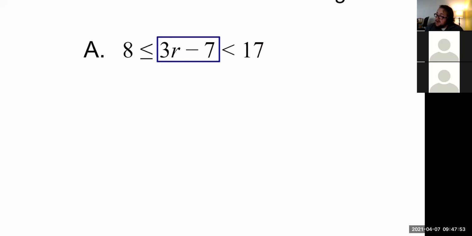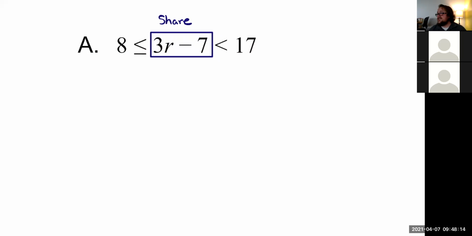And that 3r minus 7 is what we want to make sure we share between our two inequalities. I don't want to cut it in half, take the 3r on one side and the negative 7 on the other. I want to use the whole 3r minus 7 in both. So this is what that would look like. I always like to start from the left. I'm very routine in my method.